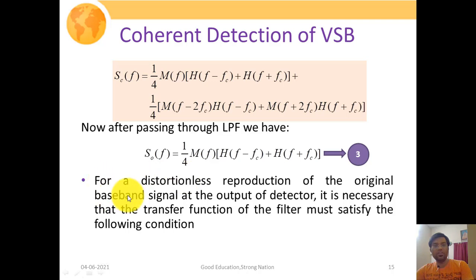Obviously for the distortionless reproduction of the original baseband signal at the output of the detector, it is necessary that the transfer function of the filter must satisfy the following condition.